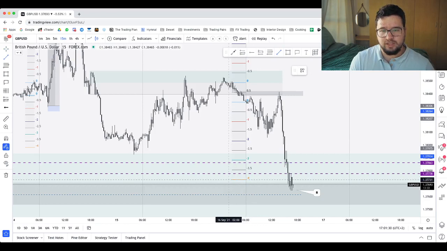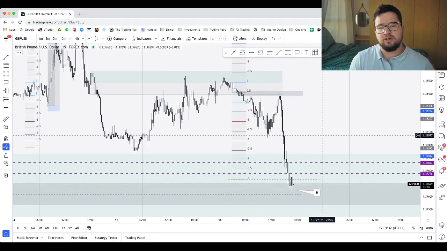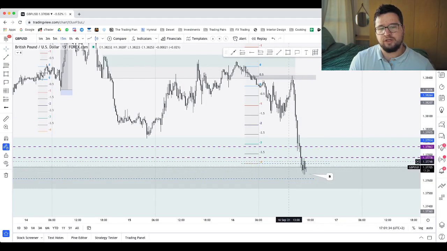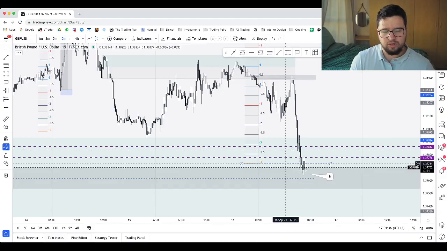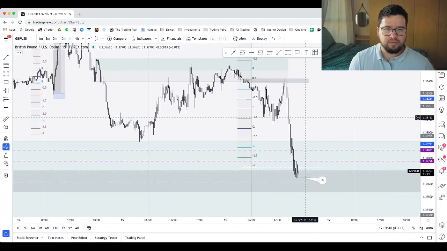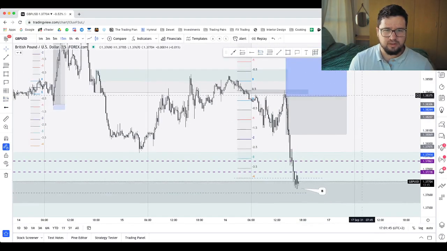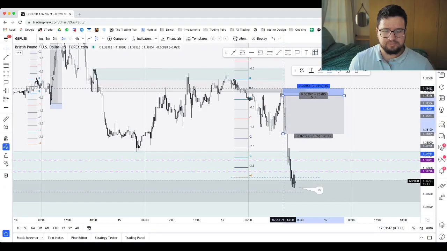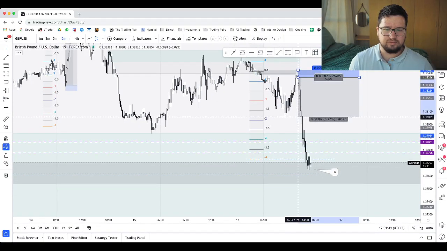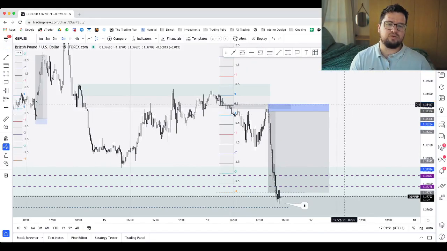So you see that also aligns in the vicinity of the imbalance, the order block, old high and low, all of them in here. So I took the trade from there, and then that is your trade for today.